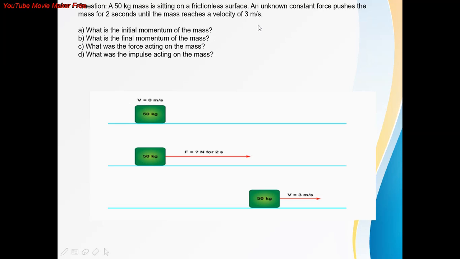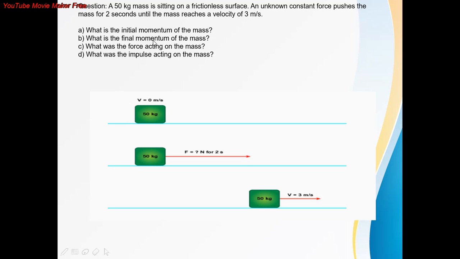An unknown constant force pushes the mass for 2 seconds, until the mass reaches a velocity of 3 meter per second. We have to calculate what is the initial momentum of the mass, what is the final momentum of the mass, what was the force acting on the mass, and what was the impulse acting on the mass.